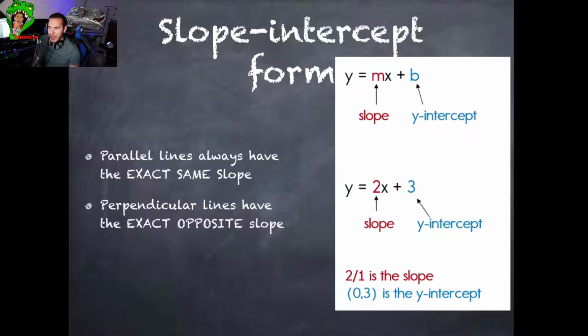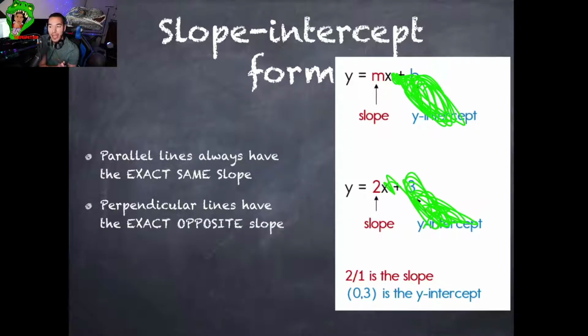It's just an example. Problem is I don't care about the y-intercept. Bye, Felicia. All I care about is the slope. That's all I need in order to know if lines are parallel or perpendicular.